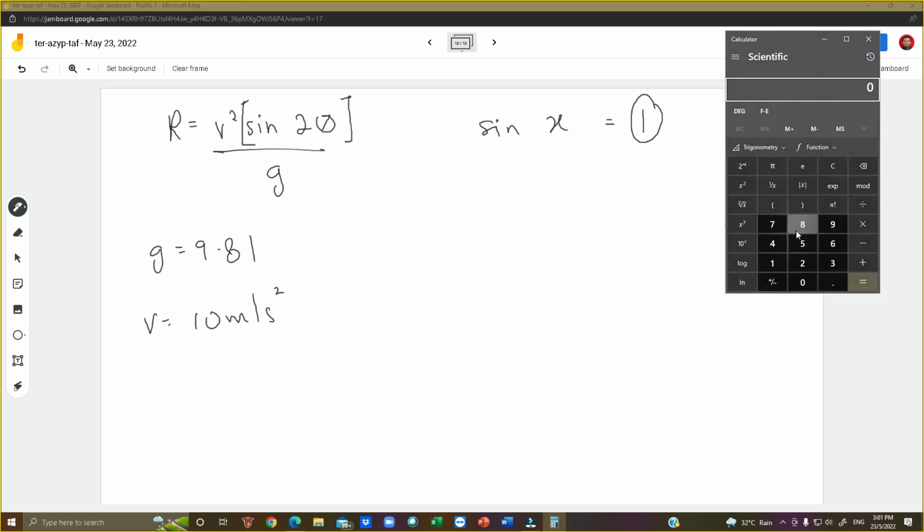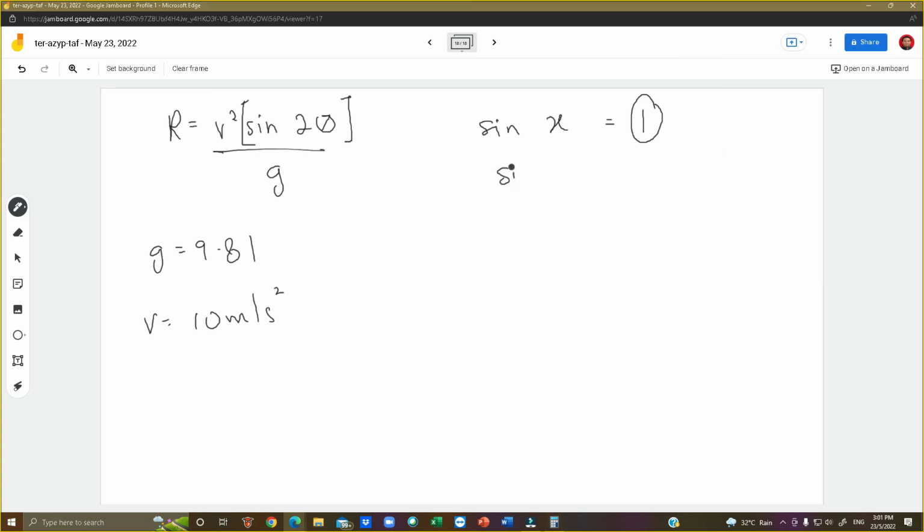So, the largest value of sin is 90. Sin 90, value dia 1. So, if sin 90 equals 1. Okay, ni tengok. Kalau 2 theta sama dengan 90, theta sama dengan berapa? 90 bahagi 2, 45.